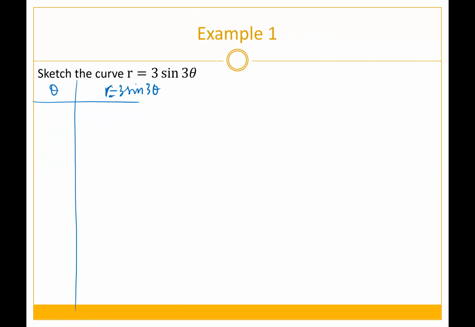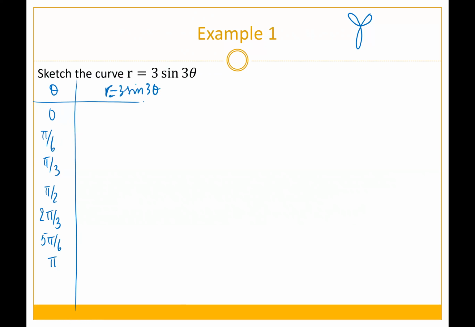Also, in the lecture notes, if you notice, you would already know the shape of the curve is going to look like this, but you don't know the first point and where it starts creating these loops. So let's put in 0, pi over 6, pi over 3, pi over 2, 2 pi over 3, 5 pi over 6, pi, and we're just going to repeat it.